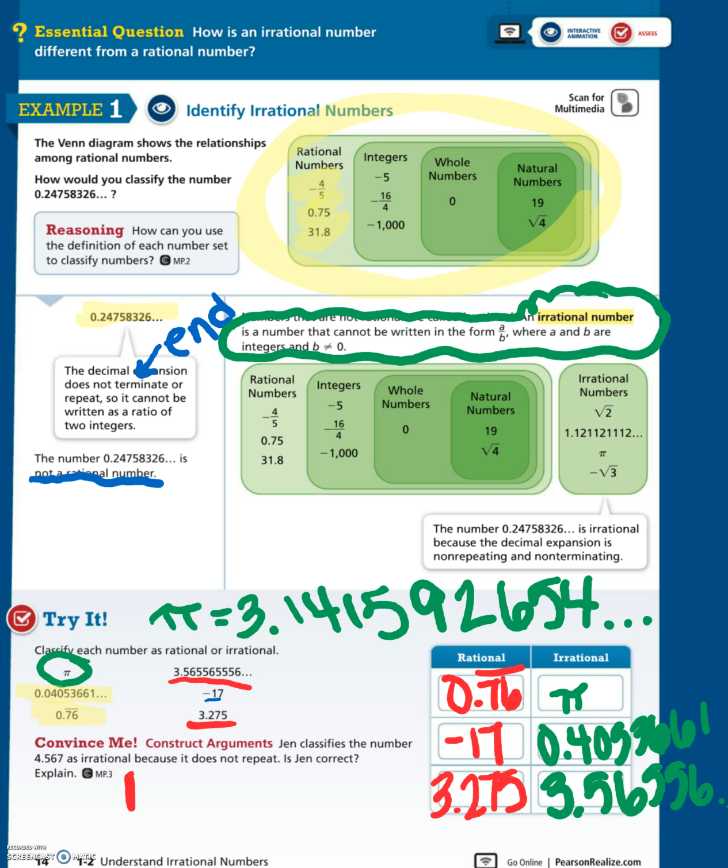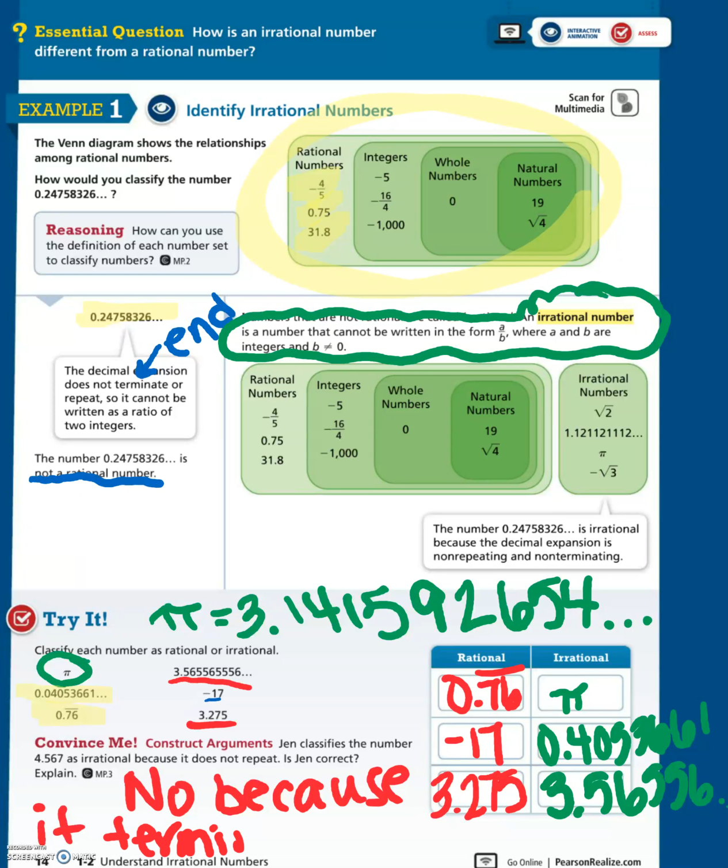So Jen is not correct because it terminates. Let's get in the habit of saying terminates. No, because it terminates. A terminating number is rational.